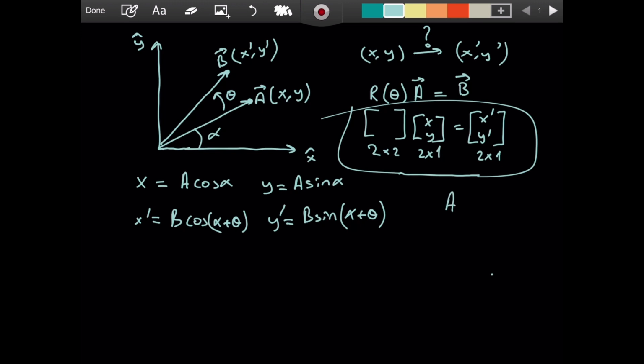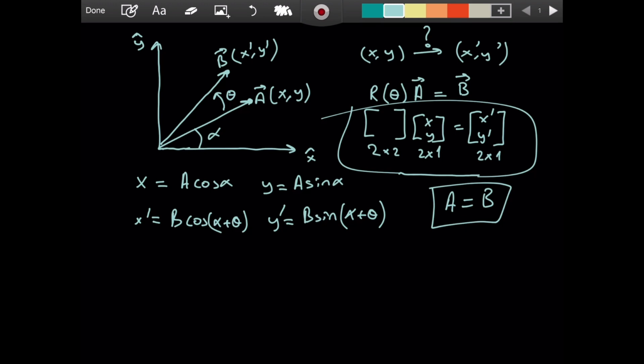So, A should be equal to B. We are requiring this. This is the kind of rotation that we are dealing with. We are only changing the direction, not the magnitude of the vector. So, the two magnitudes are equal, which means we could have written A for these two. But you get the point. I'm not going to erase and write A.